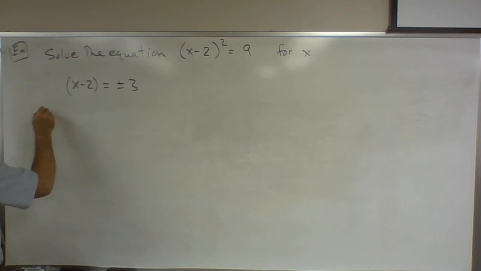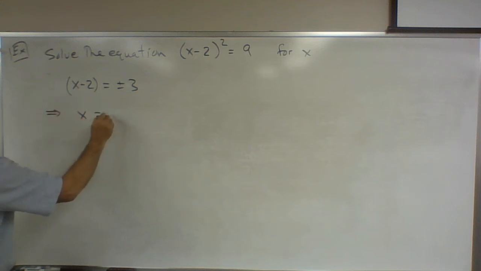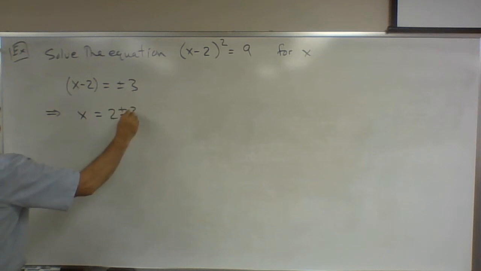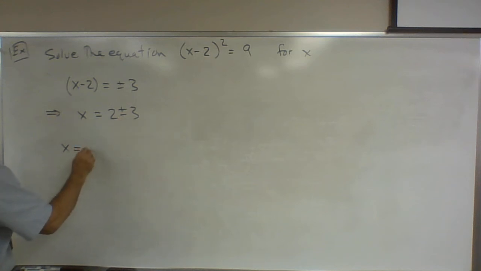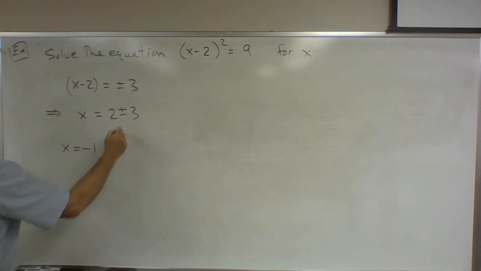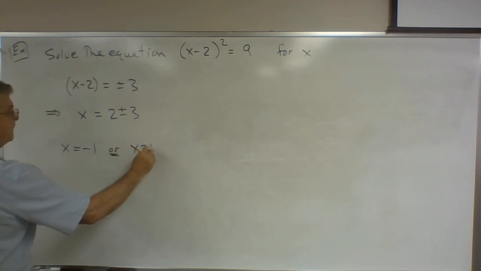Just add 2 to both sides, right? 2 plus or minus 3. So x equals 2 minus 3, which is negative 1, or 2 plus 3, which is 5.